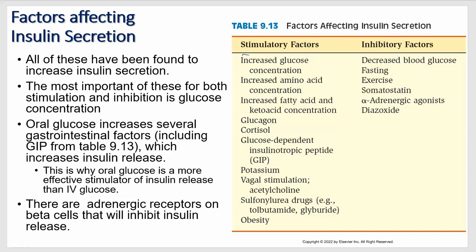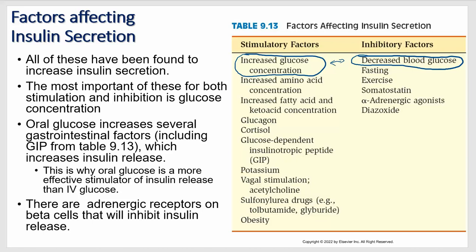So for stimulation, increased glucose concentration, and for inhibition, decreased glucose concentration or decreased blood glucose. It's not saying that these others aren't important. It's just saying that this is the primary driver for it.